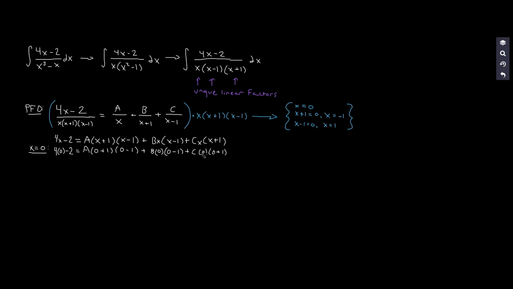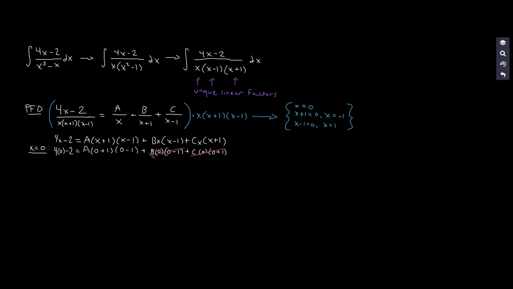And then what's going to end up happening is we're going to have some cancellation here, right? Because B times 0 times negative 1 is just going to be 0. C times 0 times 1 is just going to be 0.